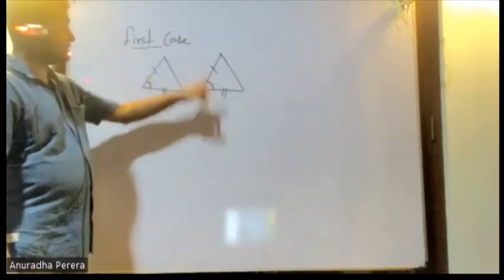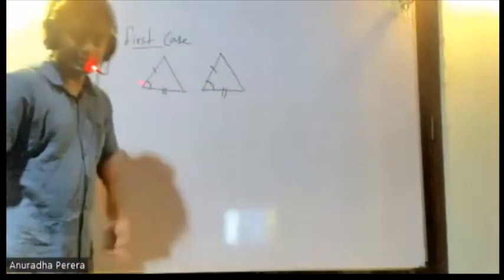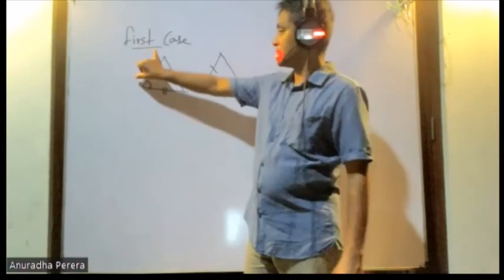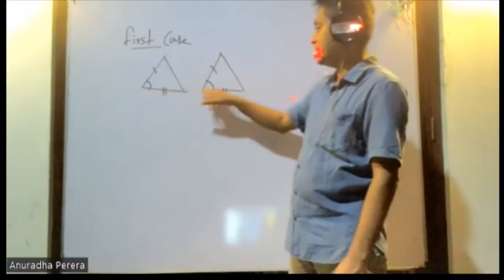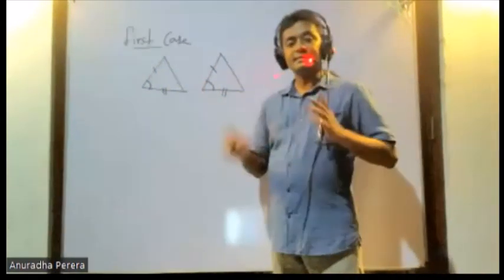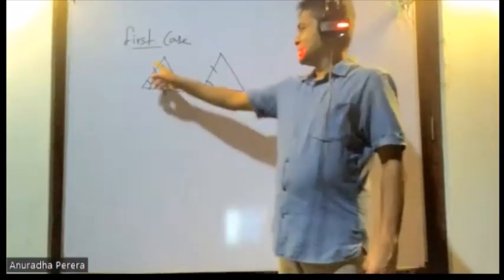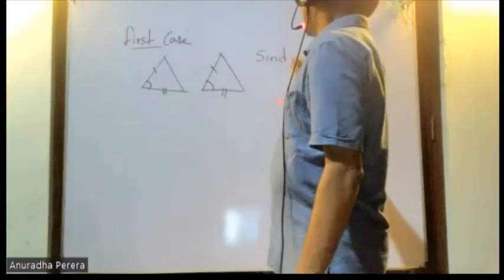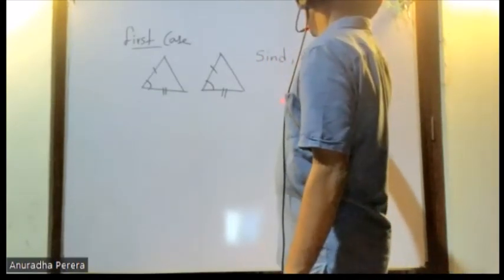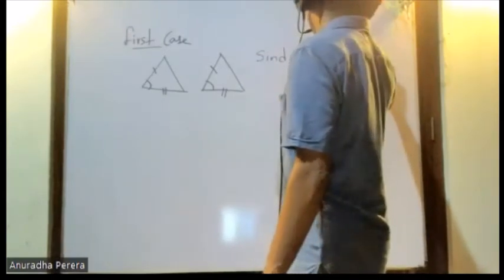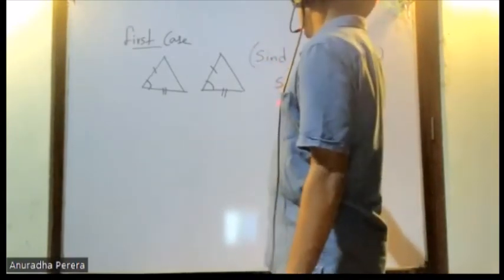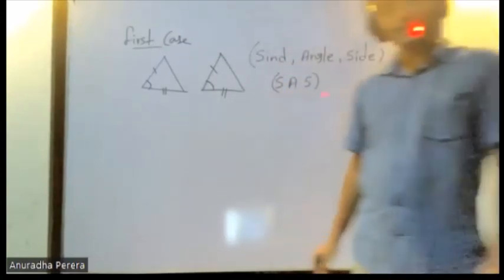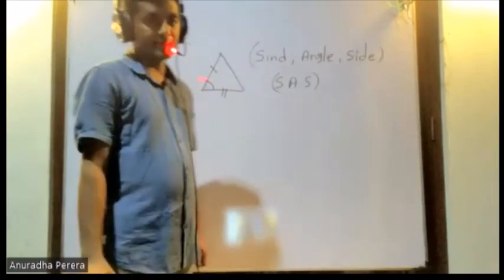If two sides are equal and the included angle is equal, then you can say these two are congruent under the case side angle side. Simply we can write it as SAS.